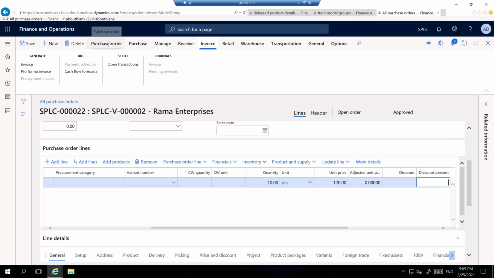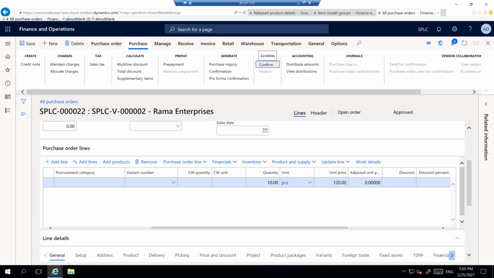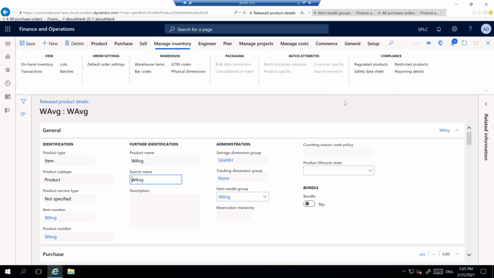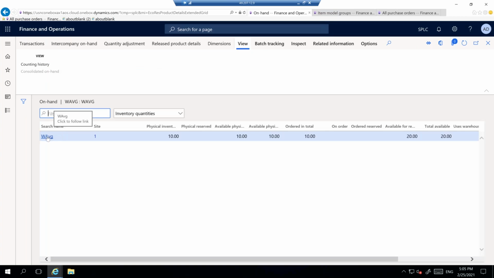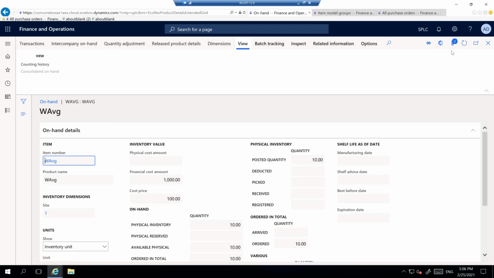So now let me confirm this one. Now, if you look at the on hand inventory and refresh, there is no physical cost amount, but ordered in total is one more 10 quantity.